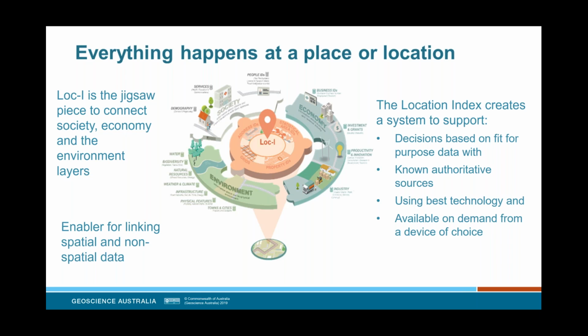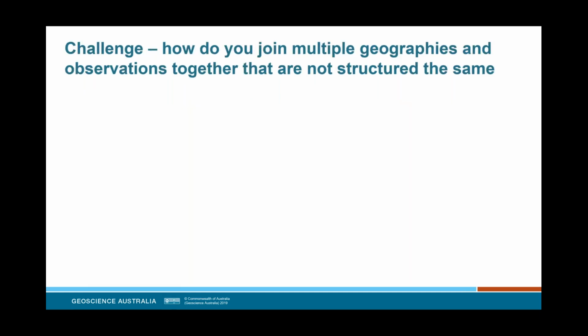A key part of that is how we enable linking spatial and non-spatial data together, but also how we make data fit for purpose. And we want to make sure that it's got those authoritative sources, and we're using new and best technology to deliver these things. So our challenge.